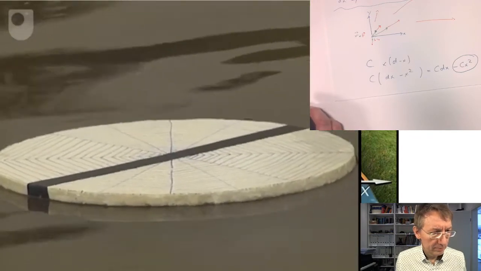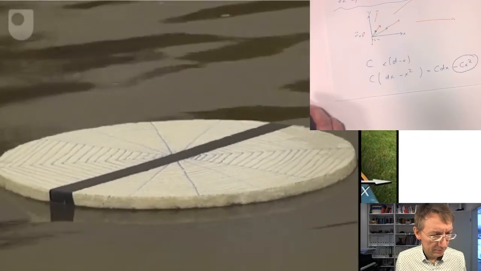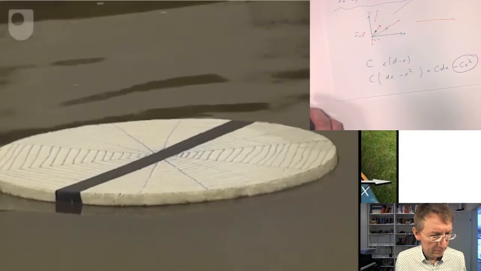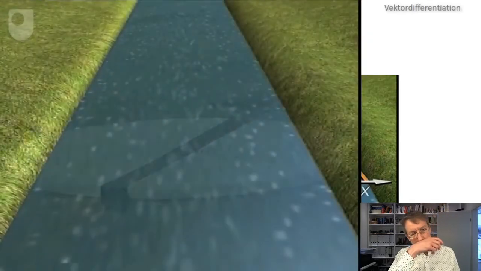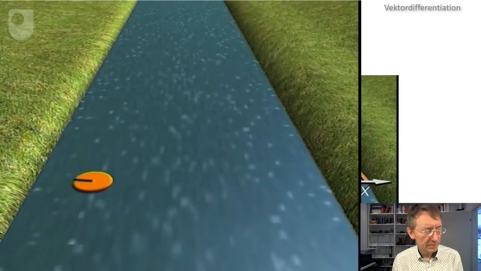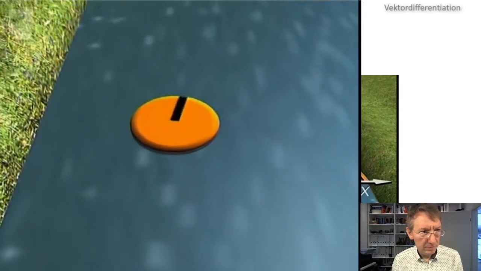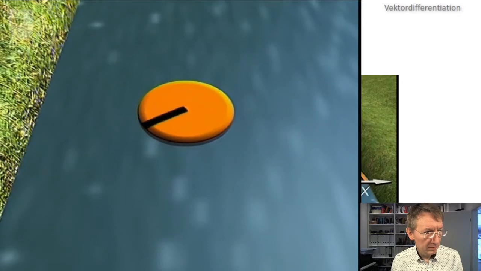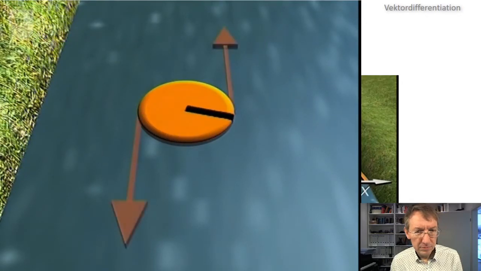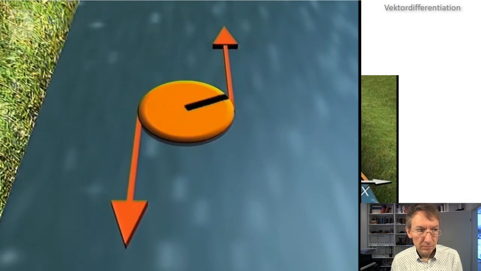But how can a velocity field cause rotation? Let's go back to the model. Can you see what's happening? Let's subtract the downstream velocity of the centre of the disk. While the outer edge is being tugged downstream by the flow, the nearer edge is being tugged upstream, so the disk rotates.